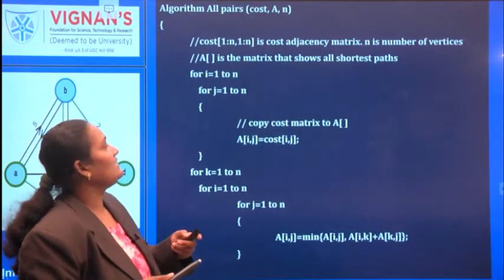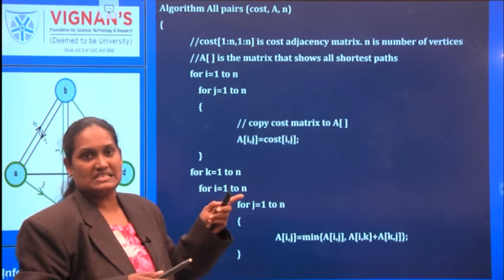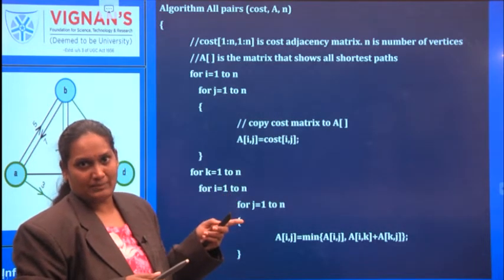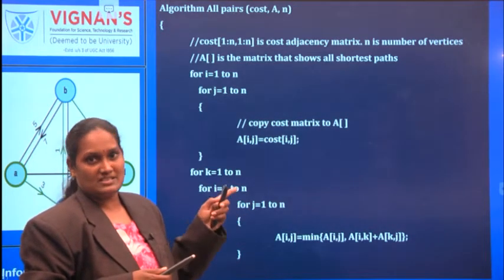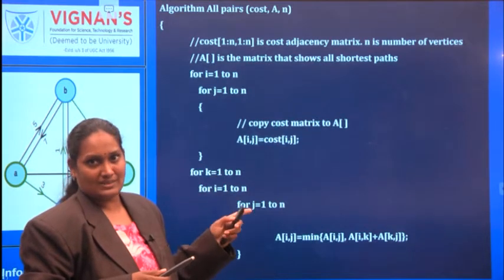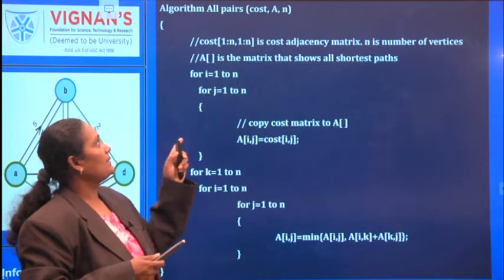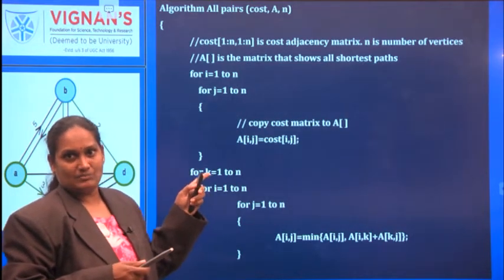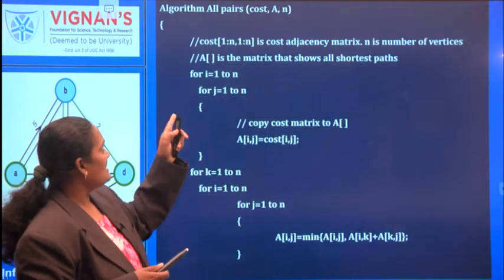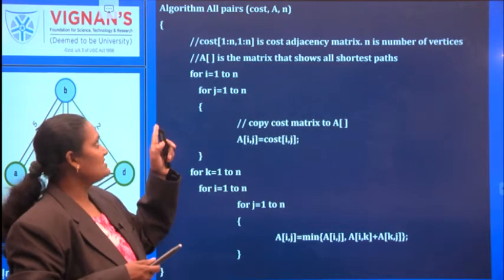Now let us see the algorithm. This is the algorithm developed by following dynamic programming to find the shortest paths between all pairs of vertices in the given graph. Here we are passing 3 parameters to the algorithm. What are those 3 parameters? Cost, A, N. What is this cost?